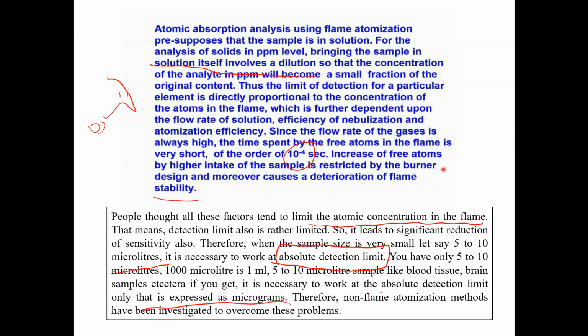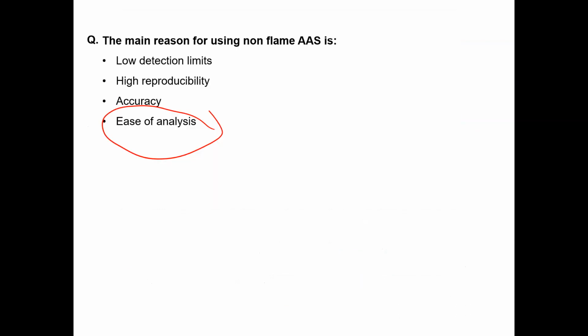So after reading all these statements, what can you guess? The non-flame techniques are used for reducing the detection limit, right? Non-flame AAS is basically an absolute technique, so it offers a low detection limit. That is the main advantage, right? And detection limits nowadays play a very crucial role in analysis.